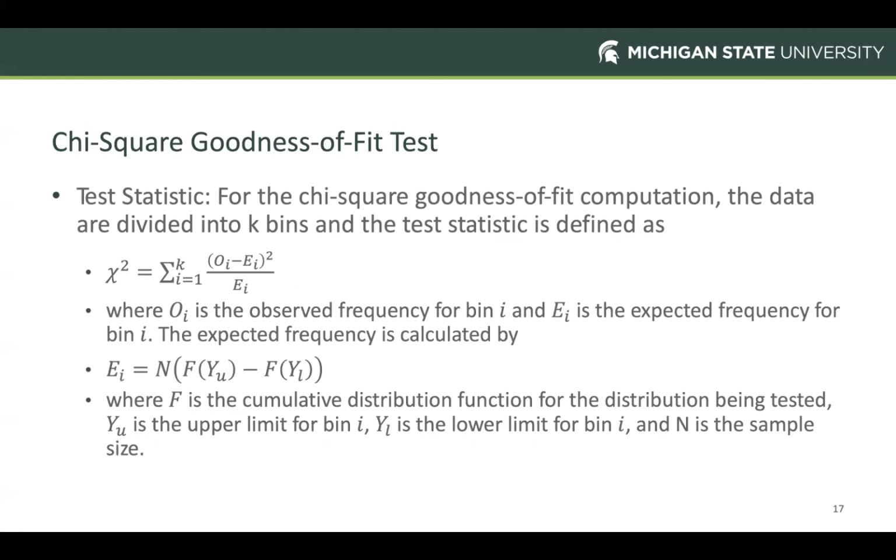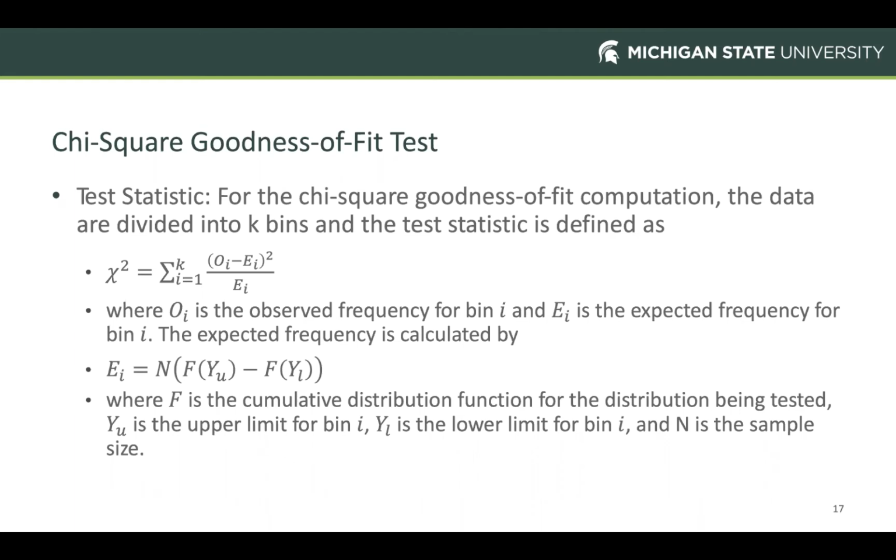our underlying assumption is a poor assumption. And so again, O sub I here is the observed number of observations that occur within a specific bin. E is how many observations we would expect to see based upon the properties of the distribution, like the normal distribution we'll be talking about today.